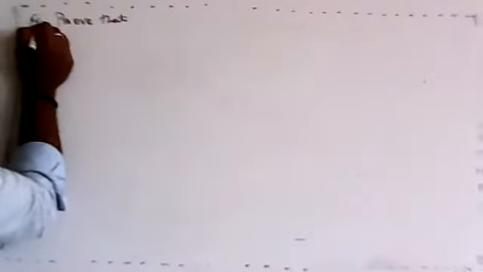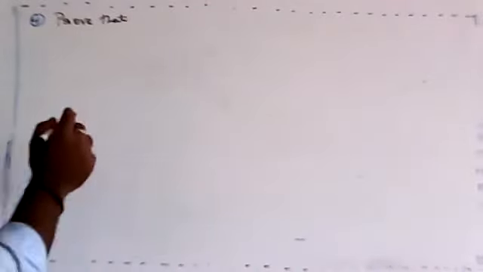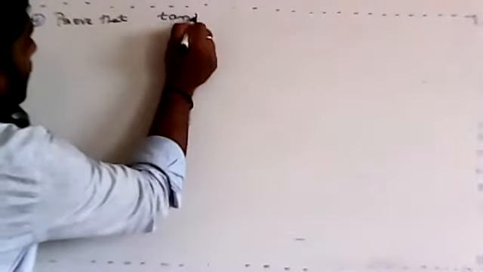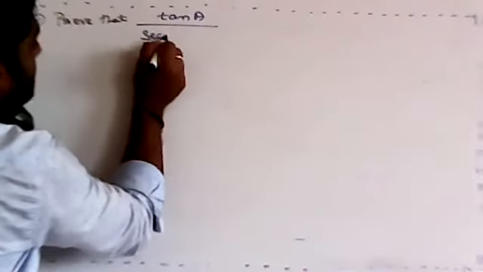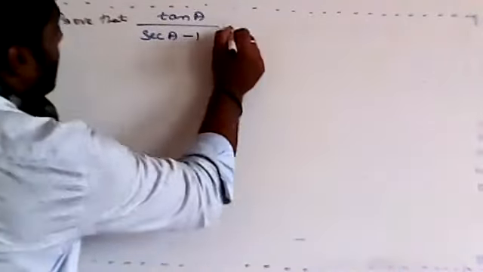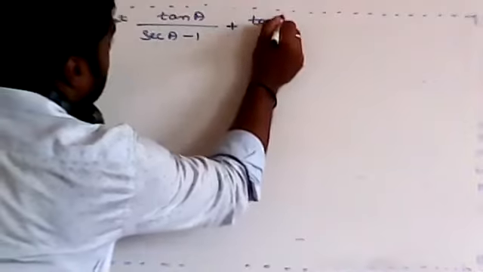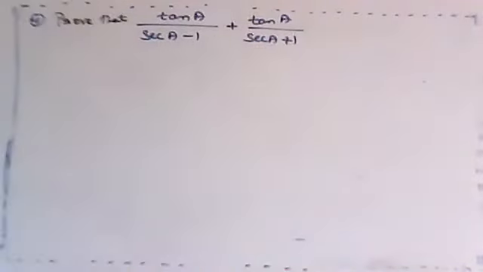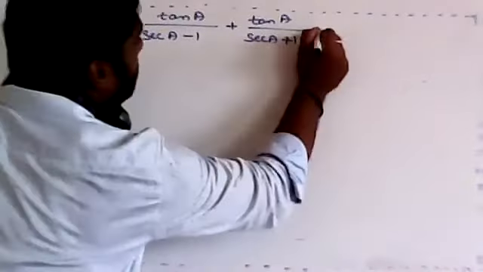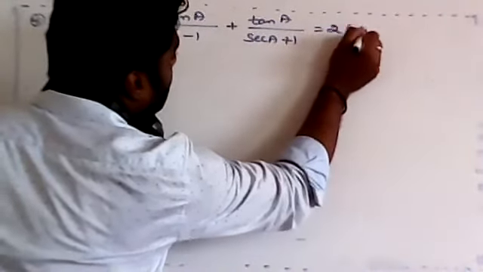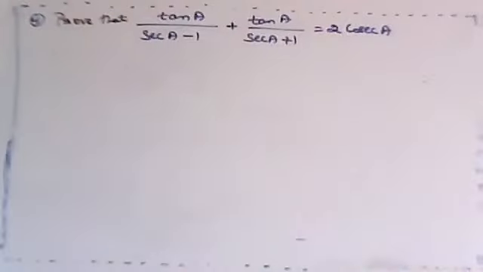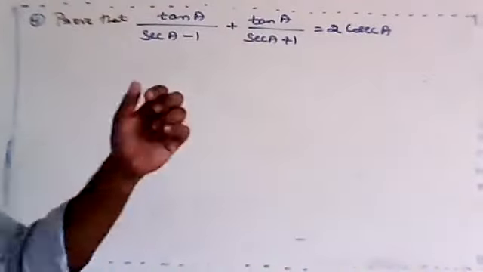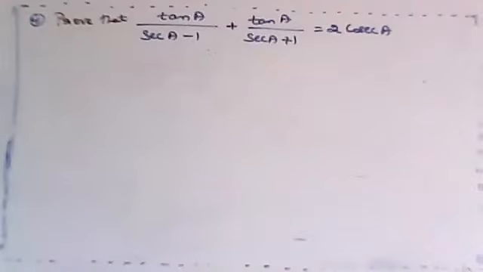Prove that tan A divided by secant of A minus 1 plus tan A divided by secant of A plus 1, which is equal to 2 cosecant of A. 2 cosecant of A. Can anyone tell me how we solve this problem?